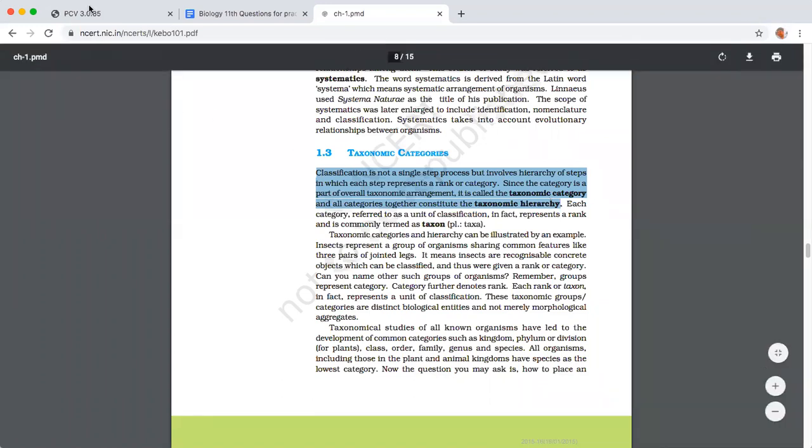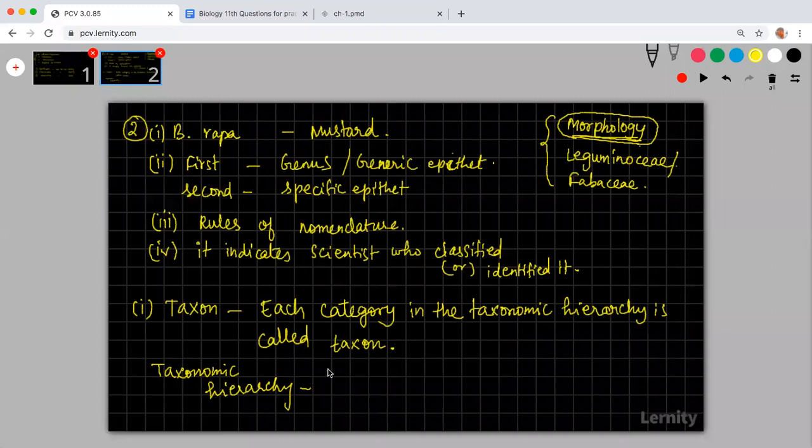So how will you write this thing? You can concise it and write: the steps involved in classification is organized in an order.